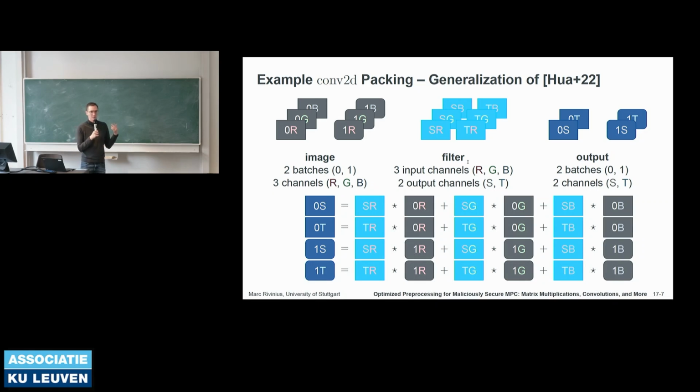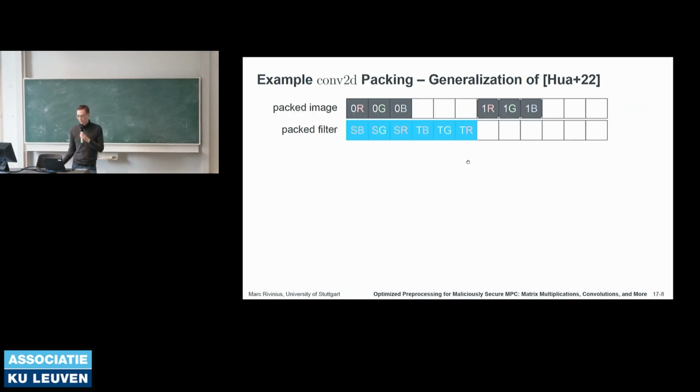So we not only want 2D convolutions, but we want multiple of them and sums of 2D convolutions. And it turns out you can, if you save your image and filter in the right way in the slots, you still get all of this just by one normal polynomial multiplication.